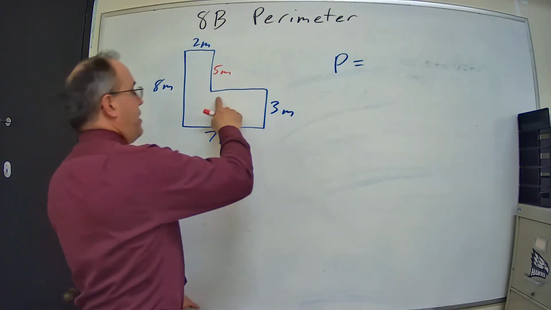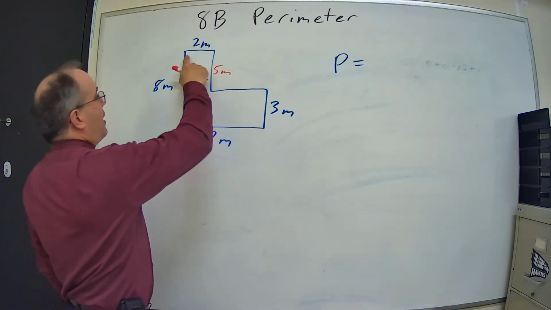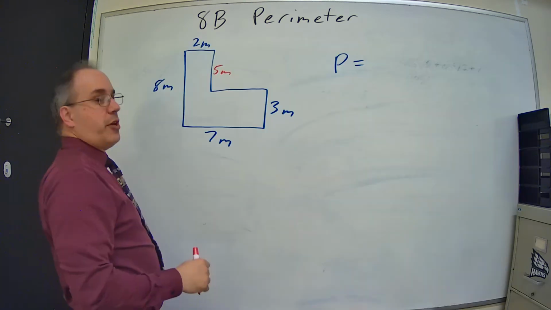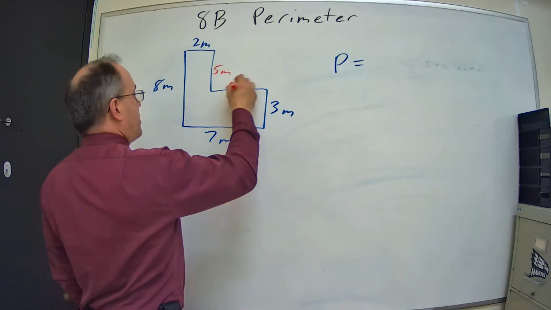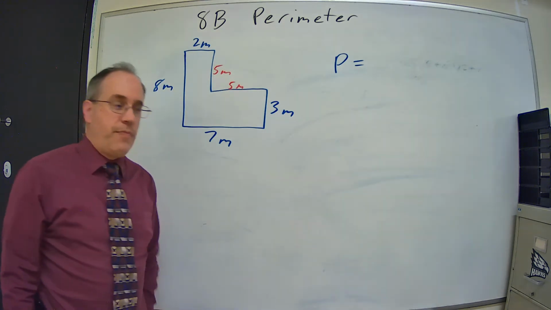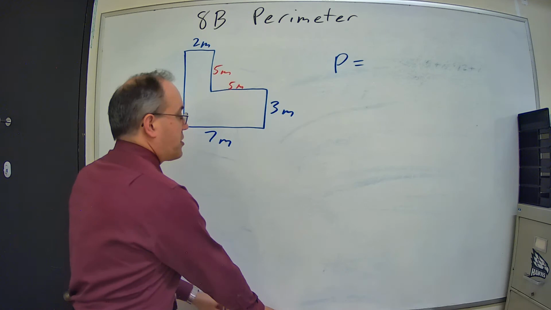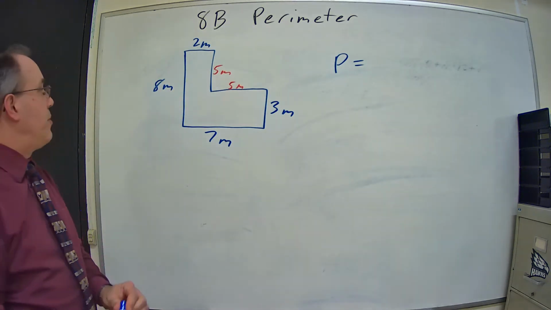And I can do the same thing with this side here. If the whole thing is 7 meters, and this part of it is 2 meters, then this one must be 7 minus 2, or 5 meters. Now that I have that, I have measurements for all the sides, I can find the perimeter.